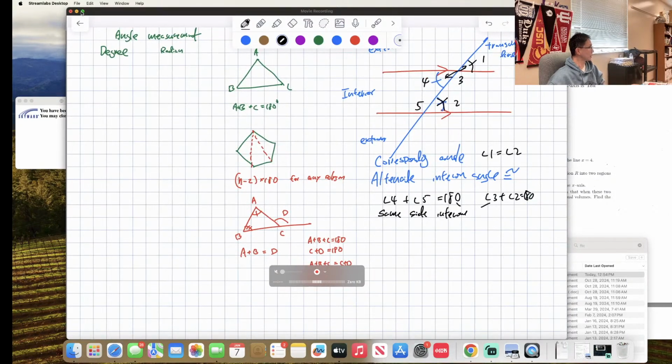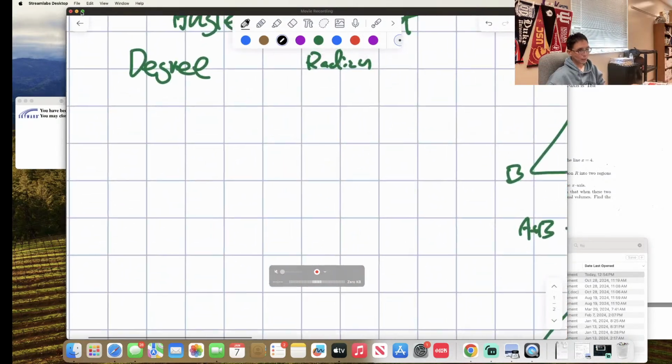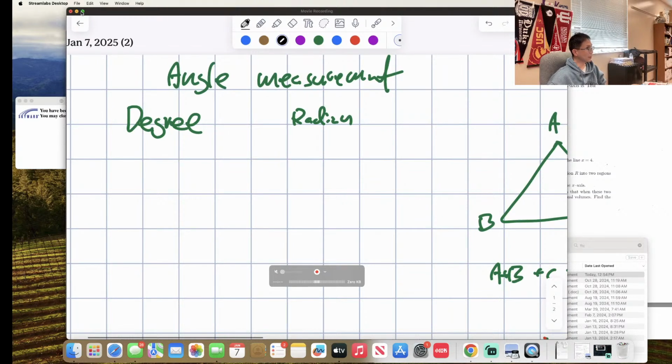Now let's talk about degrees. There's two types of angle measurement: degrees and radians. A lot of people don't understand the difference, including myself. The second or third year I was teaching pre-calculus, one student asked me, "Mr. Ye, what's a radian?" And I could not give him a proper response because the truth is I didn't know.